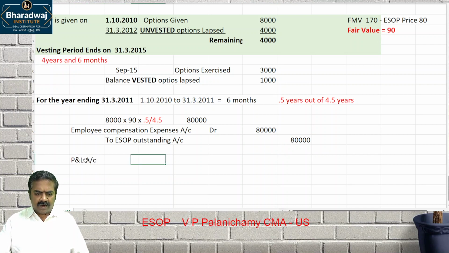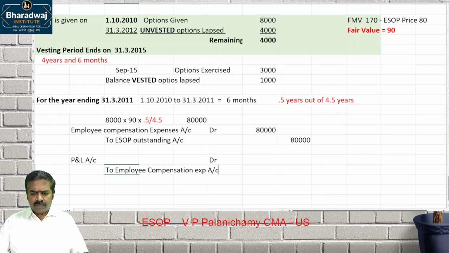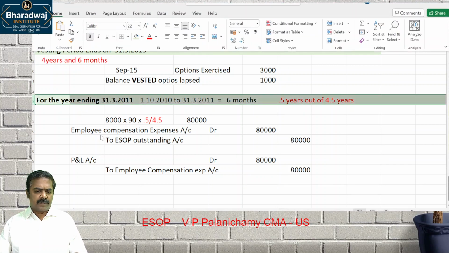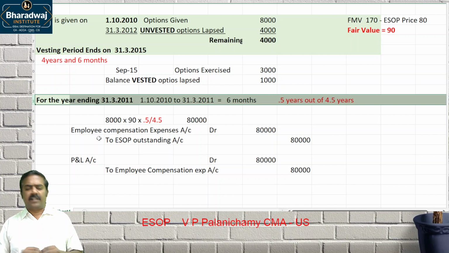P&L account debit to employee benefit expenses or employee compensation expenses, all mean the same. 80,000. This is on 31st March 2011. Take up this. Then we will proceed. Year to year we will proceed so that we will understand in a better way.